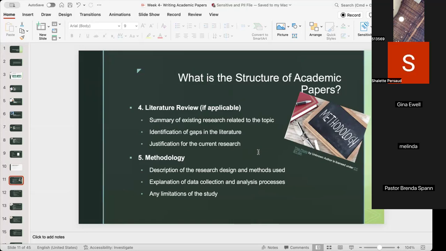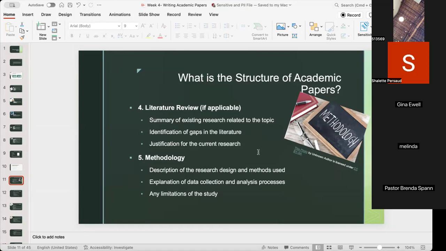It also might identify some gaps in the literature, like if you were reading a specific article and you realized that the article didn't touch on something that was really important to the topic, it would identify that as well.